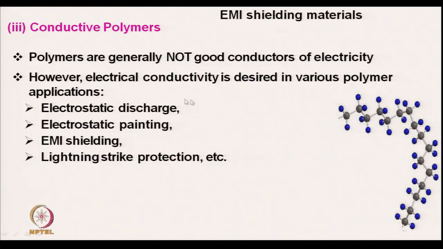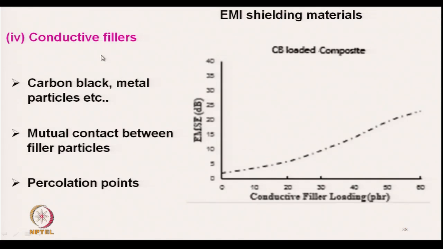If we can make polymers conductive, we can use them in various applications like electromagnetic shielding, electrostatic discharge, and lightning strike protection. So, we can use this material, but we have to first make the polymers conductive. The fourth one is conductive fillers.